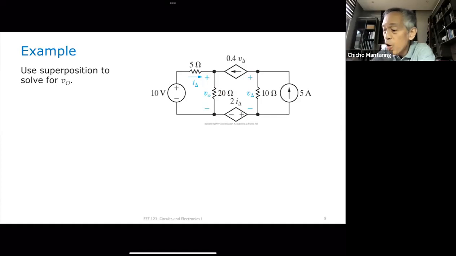How many components will there be to V sub O?